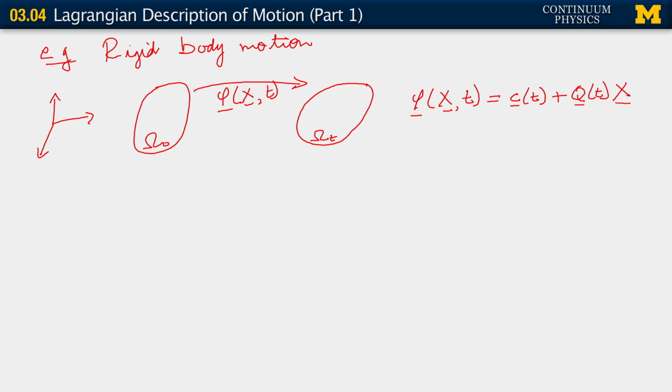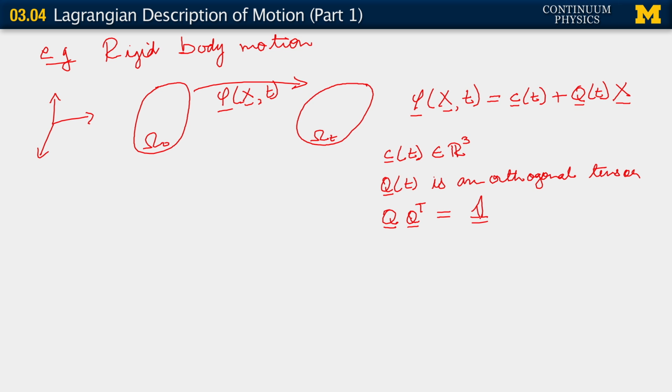And the way we will do this is to say that c, function of time, is a vector, and Q, also function of time, is an orthogonal tensor, satisfying Q transpose equals that tensor.